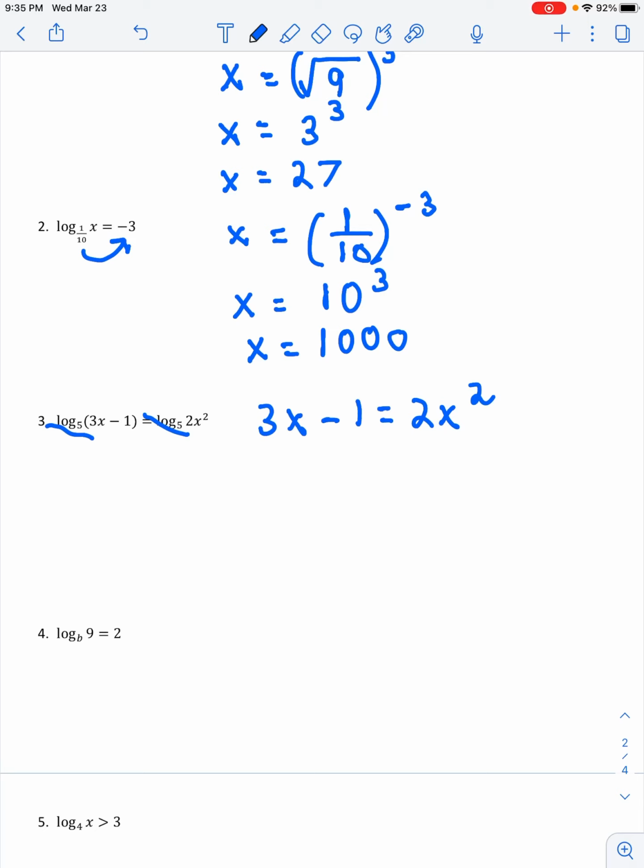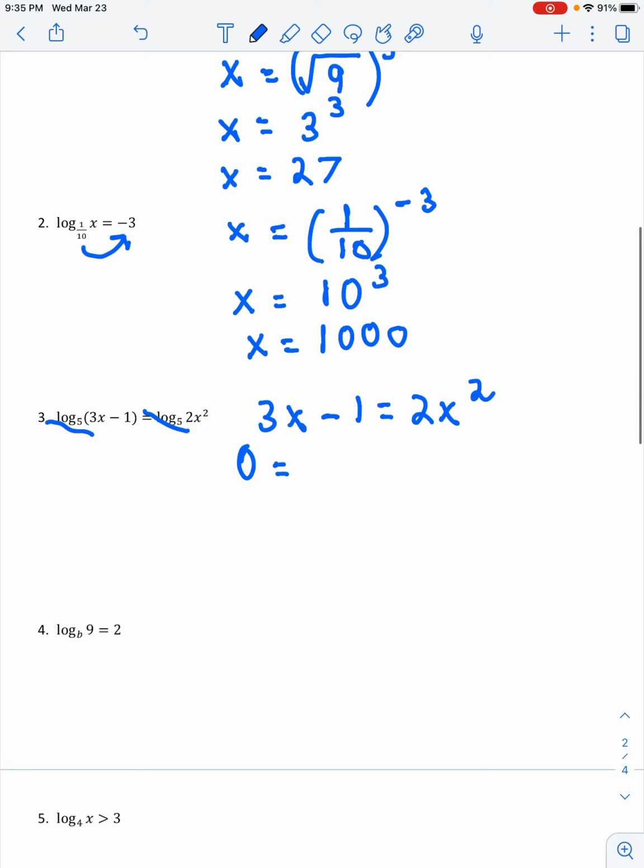I typically like to leave my squared term positive, so I'm actually going to make the left side become 0 by subtracting 3x from both sides and adding 1 to both sides, so that I have 2x squared minus 3x plus 1 equals 0.